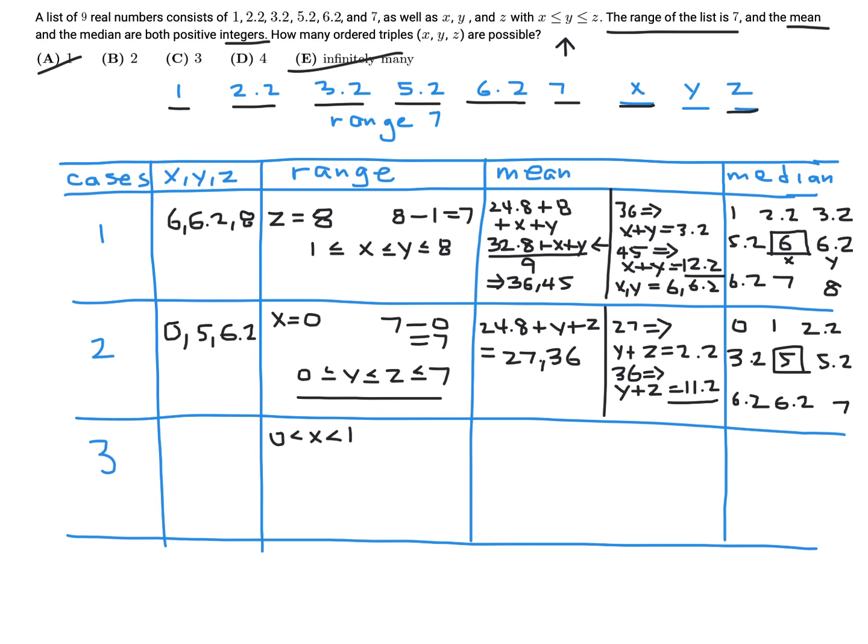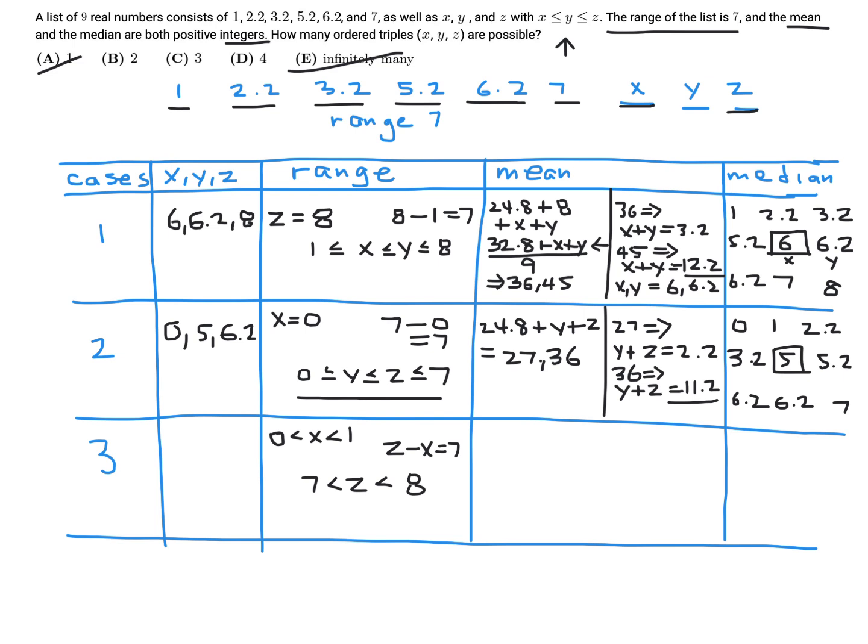Now at this point, the range has to be 7, so this time we're making z minus x equal to 7, and therefore that most likely means that z is between 7 and 8, since x is between 0 and 1. Okay. All right.